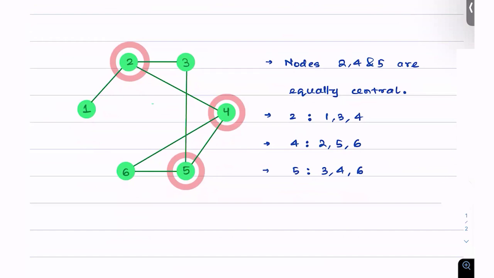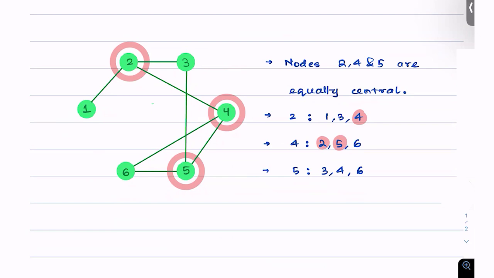Again, an interesting thing that we can notice from this example is that nodes 2, 4, and 5 each have 3 neighbors. The neighbors of node 2 are 1, 3, and 4. Out of these, 4 happens to be a central node in terms of degree centrality, or rather, an important node because it has a lot of neighbors. Similarly, node 4 has 3 neighbors, 2, 5, and 6, and both 2 and 5 are important nodes in terms of degree centrality.